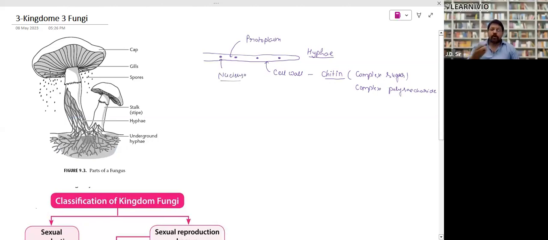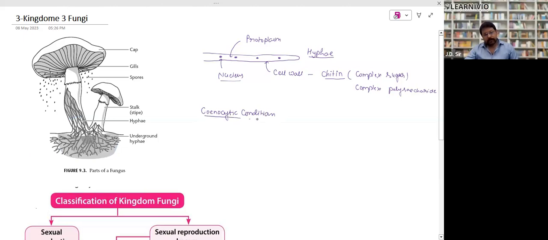Is that clear? So one very important thing I want to discuss with you, right? When a single cell has multiple nuclei, what do we call that situation? Who is going to tell me? Come on, tell me. If a single cell has a number of nuclei, what do we call that? There is a particular term for this situation. Coenocytic condition.